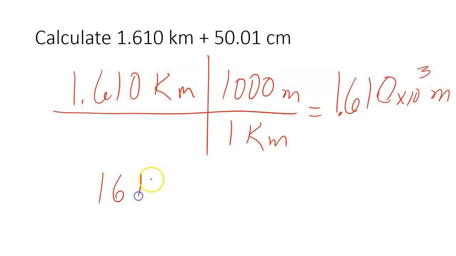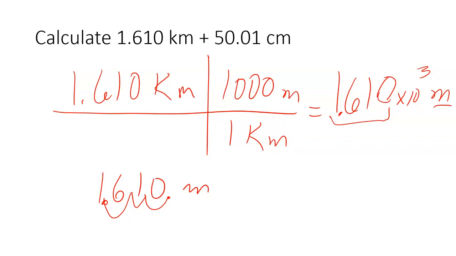We were in meters, and the decimal point is right there. By 10, by 10, by 10, you will have 1.61 by 10 to the 3, right? And in meters. Now, look what is happening now. Now you know that this has 4 significant figures.